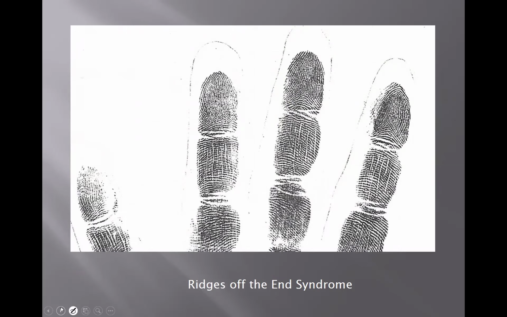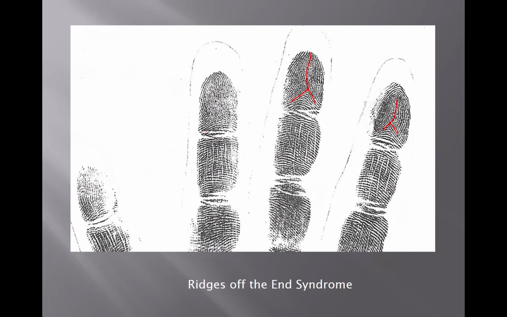And that is a condition that has been called ridges off the end syndrome, which is a kind of strange name for it, really. Or these are sometimes described as extremely tall tented arches. As you can see with this particular print here, you've got the ridge going all the way up there like that. And so they have this kind of central tent that is really pronounced.